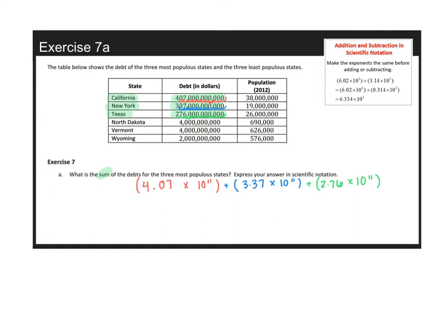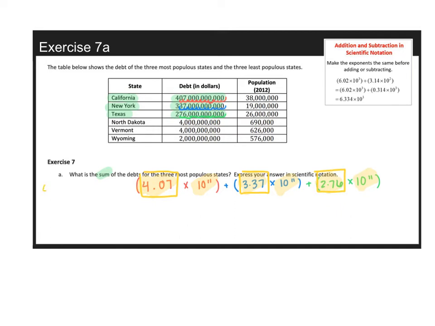Now this one is pretty easy because they all have the same exponent. So if they all have the same exponent, we can just go ahead and add. We use our exponent rules. The first thing I'm going to do is add my numbers together, and then I'm going to work with my exponents. So my numbers here are 4.07, 3.37, and 2.76.